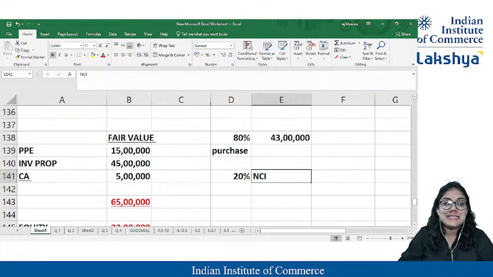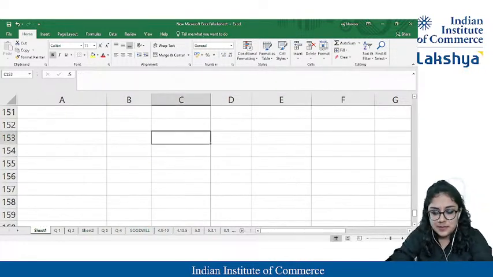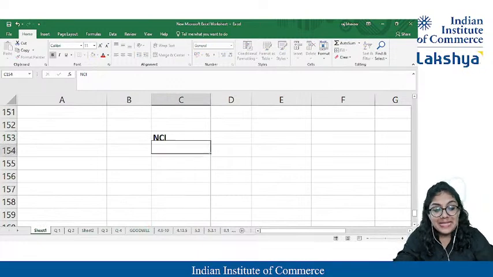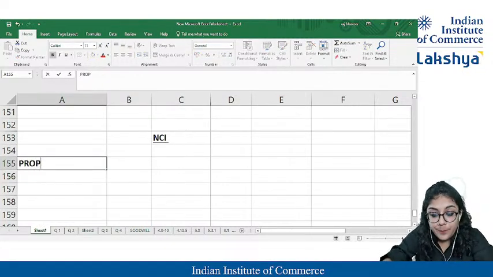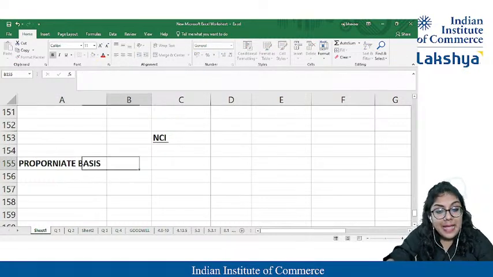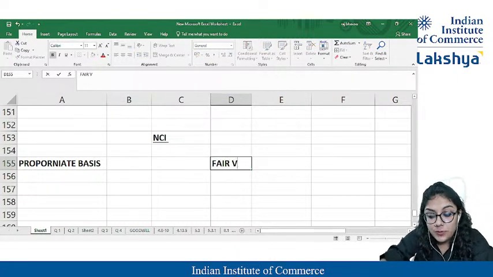So for measuring NCI, they have bifurcated into two parts. Over here, let me write it. NCI is bifurcated into two parts, which is the proportionate method, and another one is the fair value method. Okay, what is proportionate?